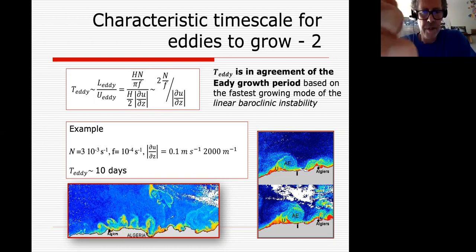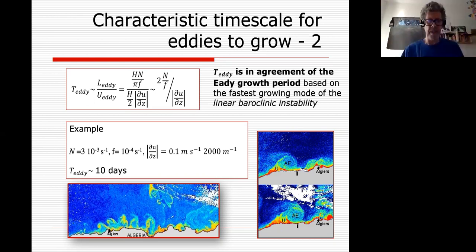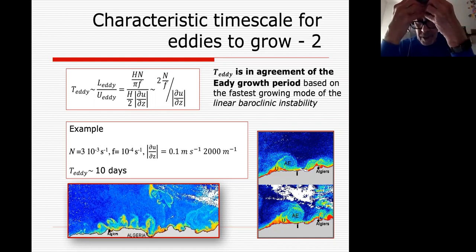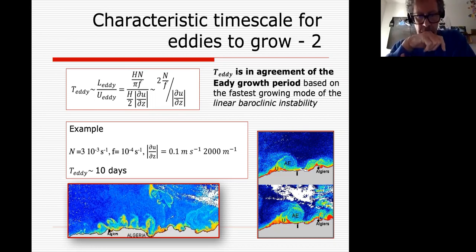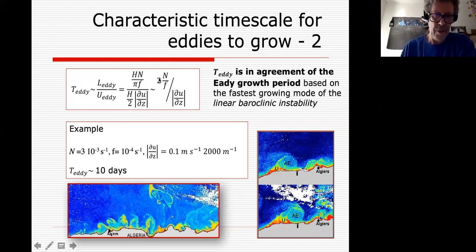So this is just to say that this simple estimate is not far from what is obtained by more sophisticated calculation, taking into account the whole simplified baroclinic instability theory provided by Eady. The difference is in the factor 2, and here we have a different coefficient. I remember 0.31 or something like that. So it's not far from that.